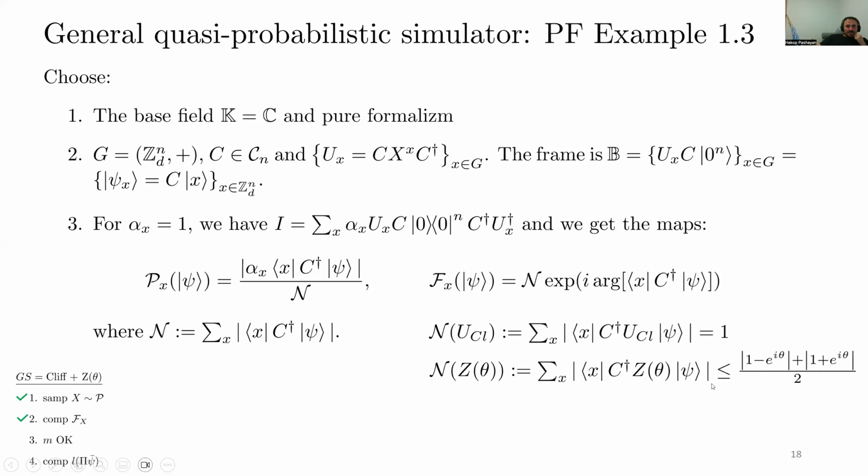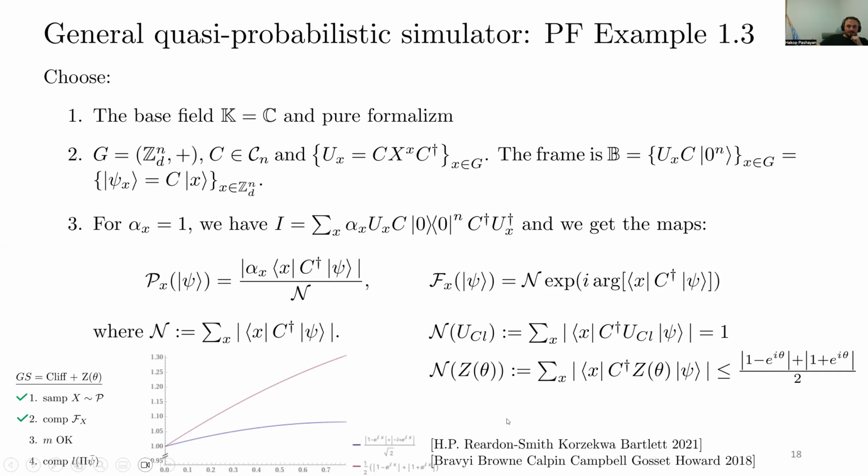Now, if we have a Z rotation, things aren't so clean, and we get some contributions from the rotation, and we get some messy equation. Here's a plot of what that looks like when you go from 0 to pi on 4, which is the maximum. So here's the curve. The modern state-of-the-art algorithms will do something a little bit better, which is this blue curve.